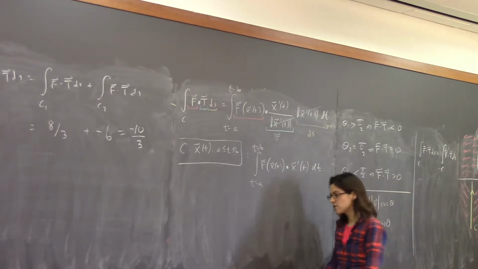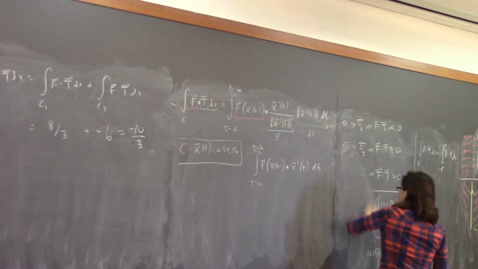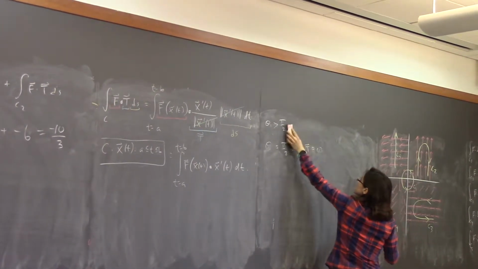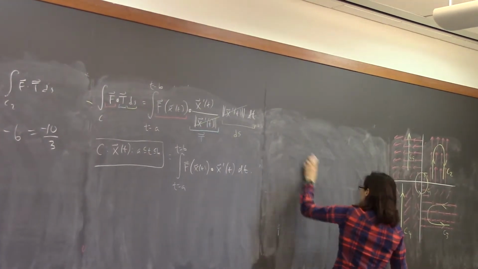So let's try it. Even if you're given some complicated function where you can't just simply say, oh, it's vertical and horizontal, we can still use this formula to compute it.